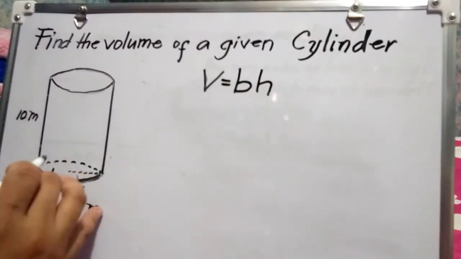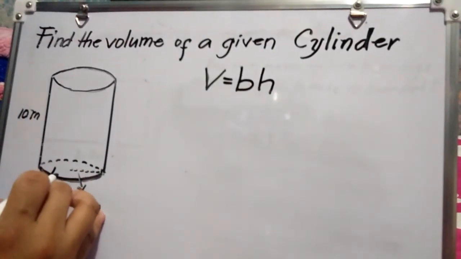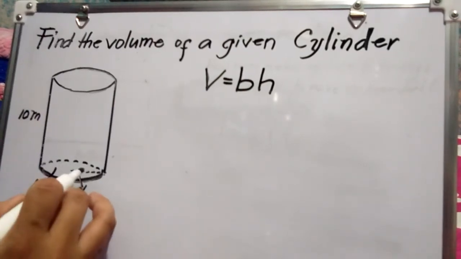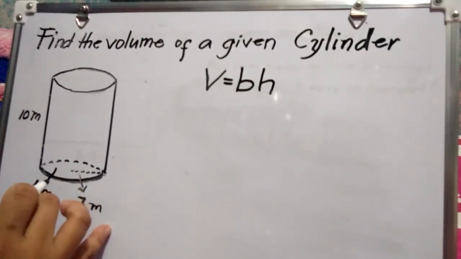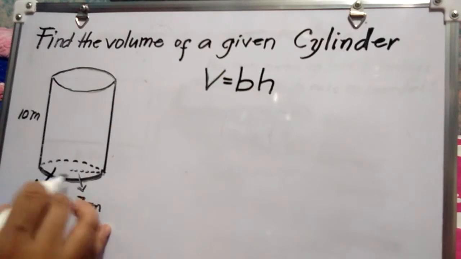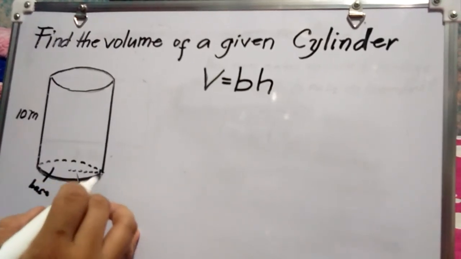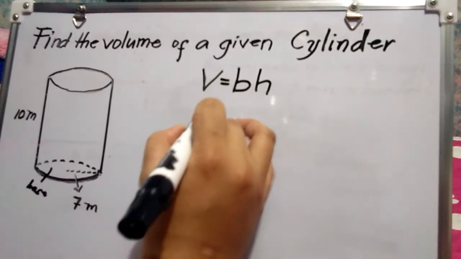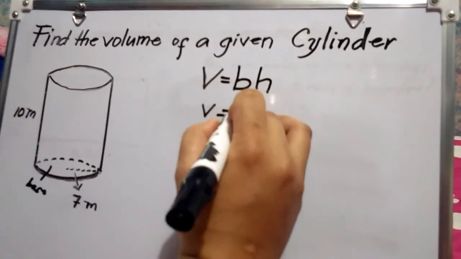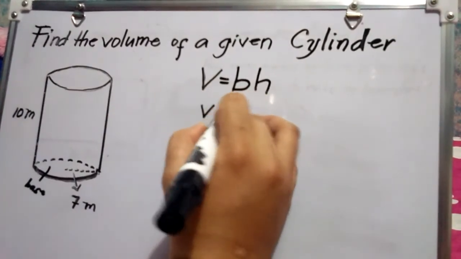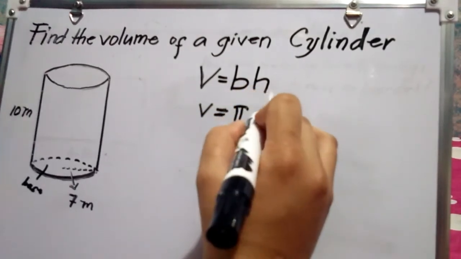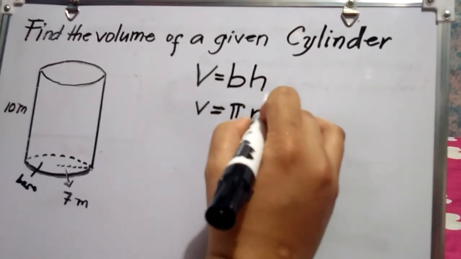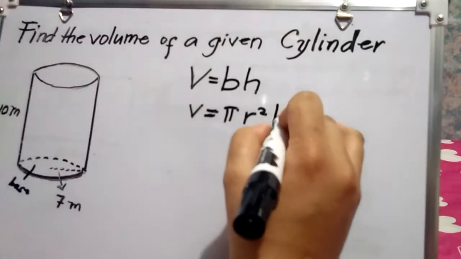Notice, however, that the base of a cylinder is a circle. And remember that the formula for the area of a circle is pi times the radius squared. So, volume is equal to pi times the radius squared times height.